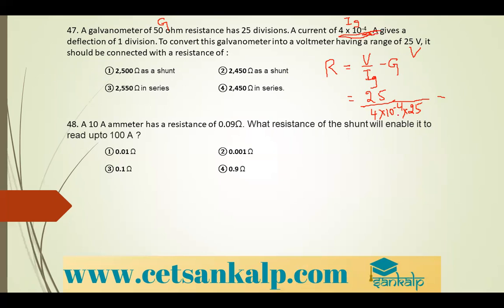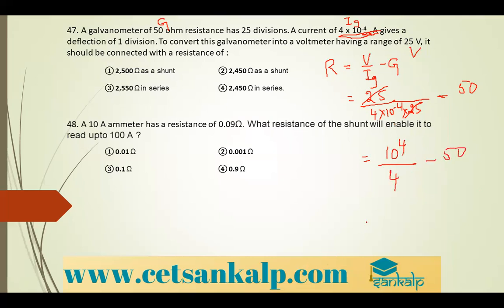So 1 division into 25, minus the galvanometer resistance 50. Now 25 and 25 cancel, so what remains is 10 to the power 4 divided by 4 minus 50.